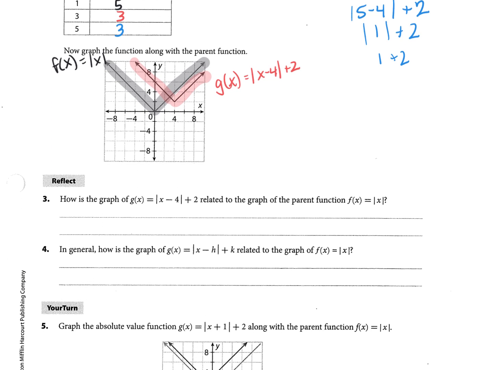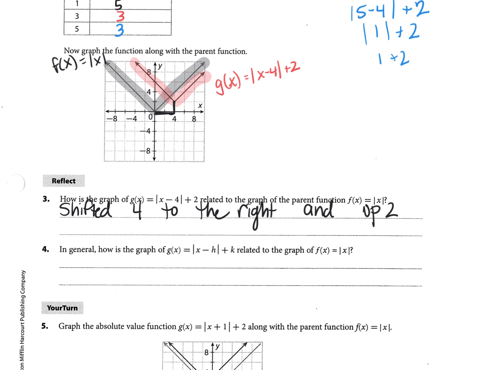How is the graph of g of x related to the graph of the parent function? It is shifted four to the right and up 2.